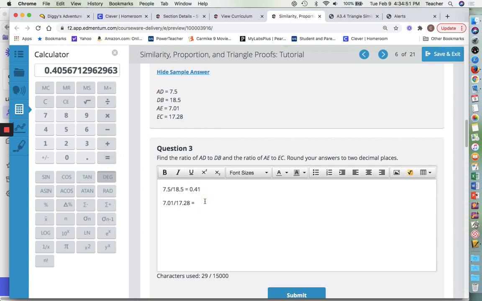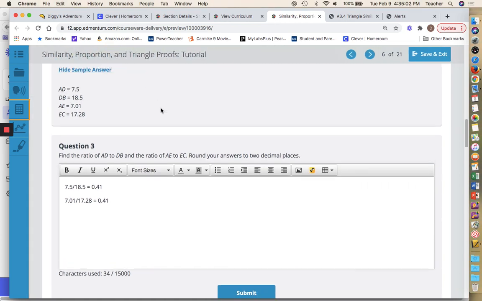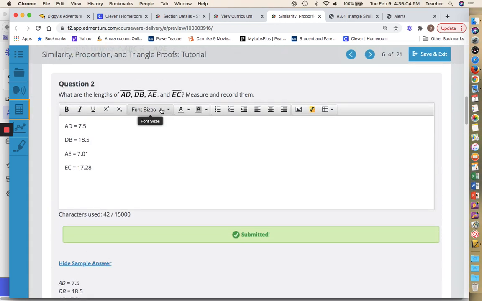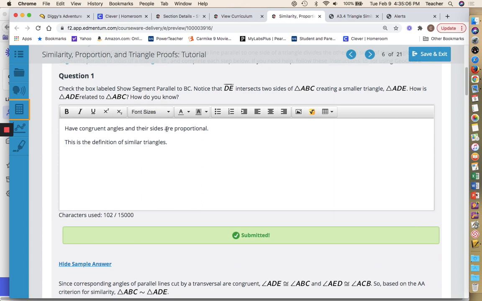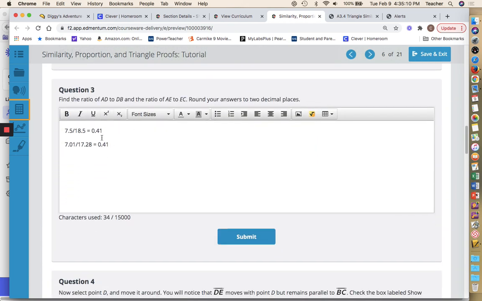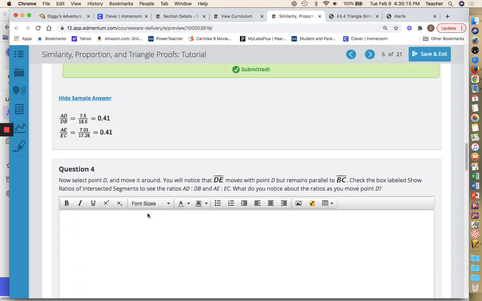All right, so also a 0.41 to 2 decimal places. Okay. So like I said, the sides are proportional. I set it up here in question 1. The sides are proportional, which means they come out to be the same proportion. I got 0.41 on both, rounded to 2 decimal places.